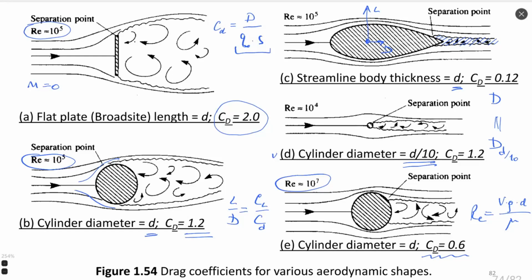Typical values of drag coefficient: for a plate it is the biggest. For a cylinder it can change depending on the value of Reynolds number. For a plate it also changes. For a cylinder it changes, but it is smaller, around 2-3 times smaller. It can be 0.6, can be 1.2, can be smaller than these values, can be bigger, depending on Reynolds number.